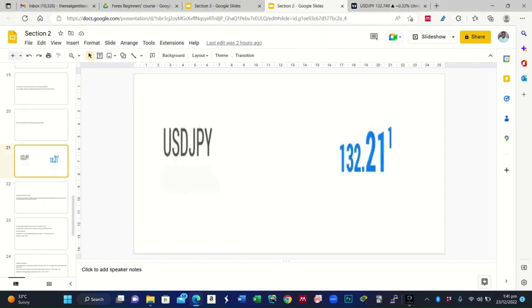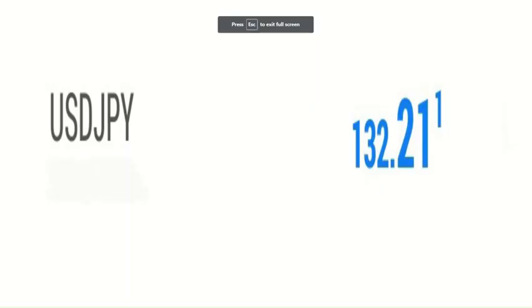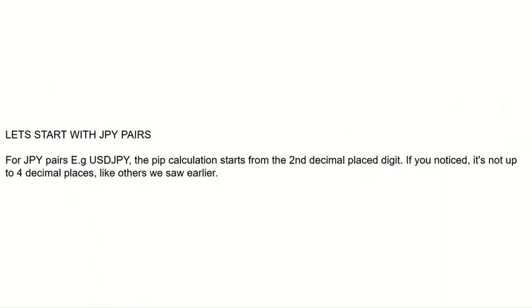For USD/JPY, the current market price is 132.21. Like I've said before, you have to ignore the superscript here because it is called a pipette or micro pip, and we normally ignore it. So the current price is 132.21.